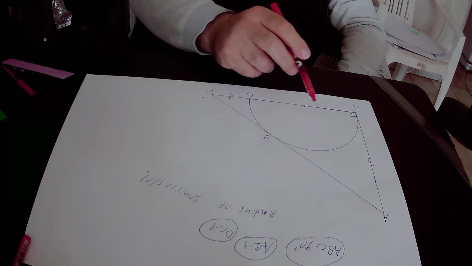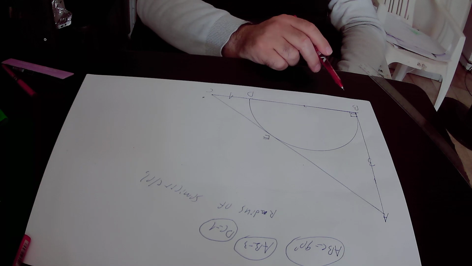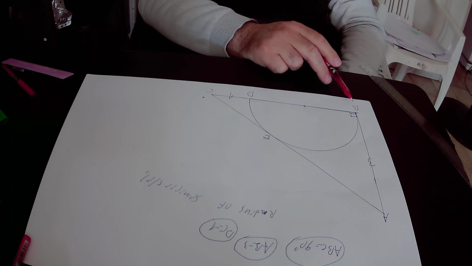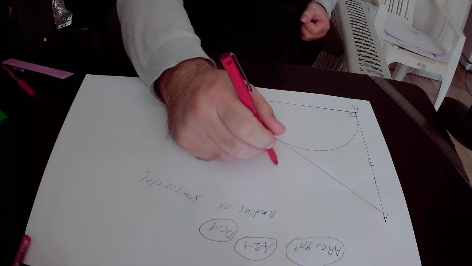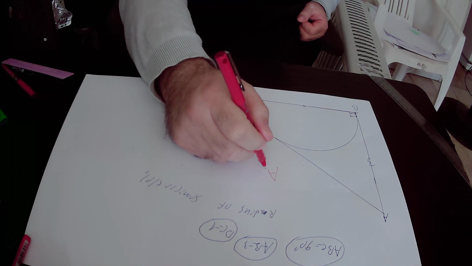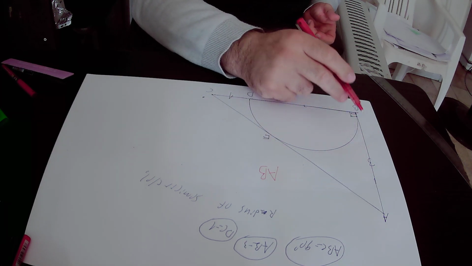The first tangent is tangent AB, tangent to the semicircle at point B, and its length AB equals 3 units.